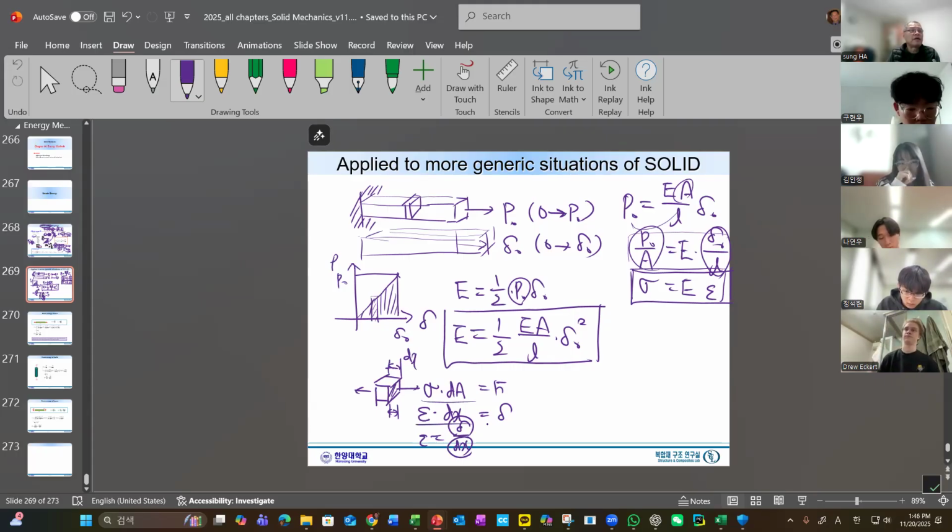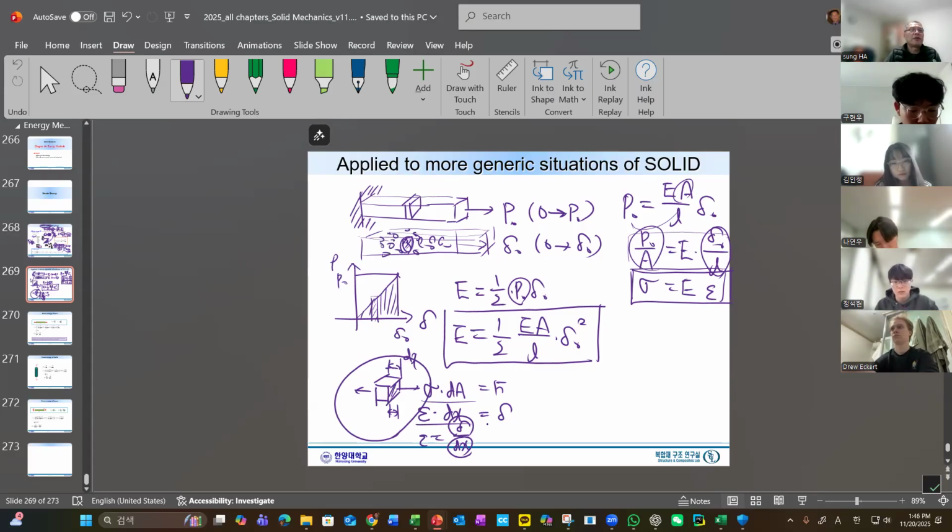So what we try to do is that we apply this to a very small amount of volume, and then what's going on? All the volume here, here, here, every volume may experience a certain level of stress and strain.